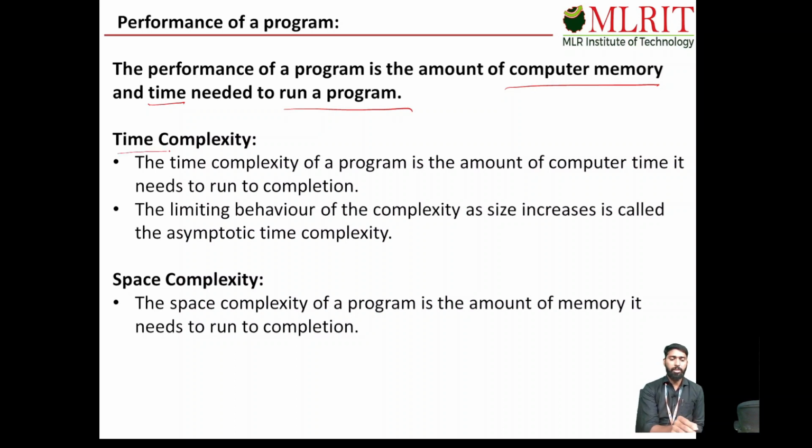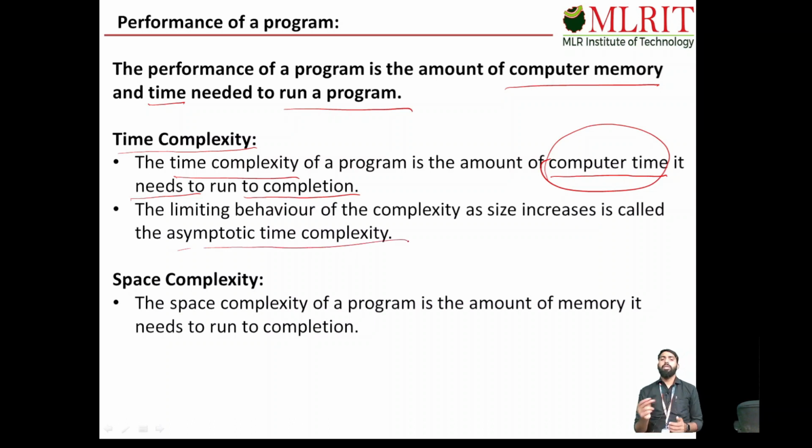Time complexity: the time complexity of a program is the amount of computer time it needs to run to completion. The limiting behavior of the complexity as size increases is called asymptotic time complexity. In the next classes, we are going to discuss asymptotic notation of time complexity.